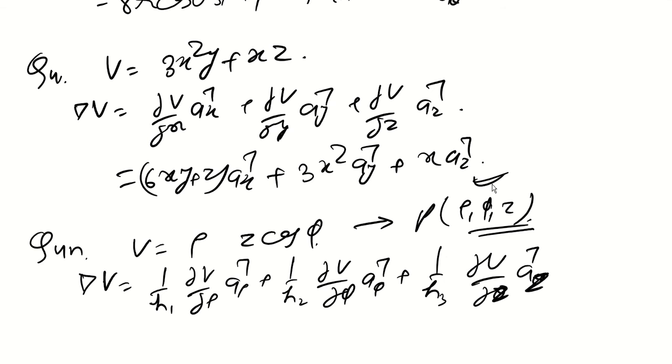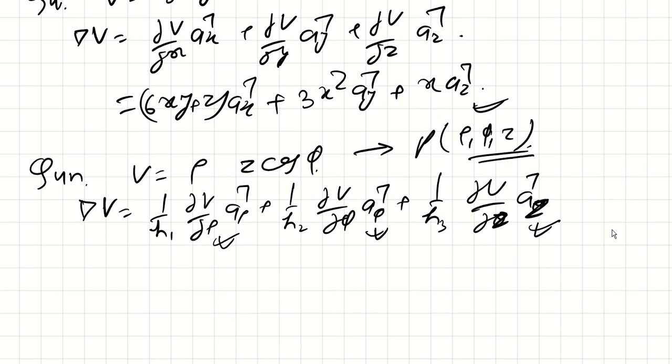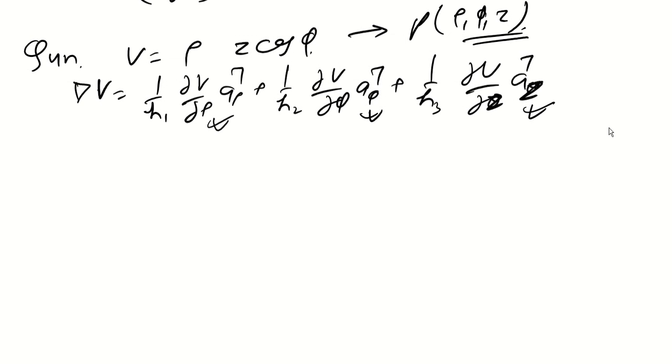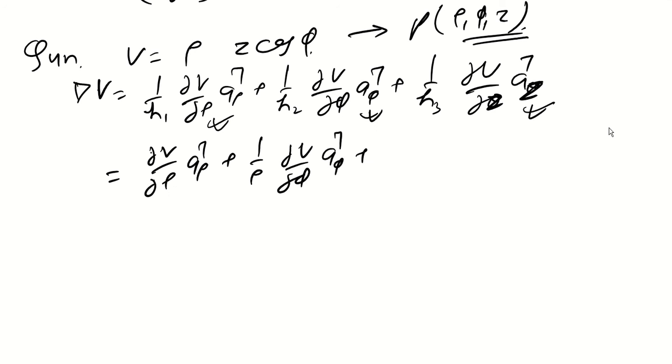That's why your unit vectors are a rho, a phi and a z. And h1, h2, h3, as I told you earlier, are 1, rho and 1. So it will become dou v by dou rho a rho plus 1 by rho dou v by dou phi a phi plus 1 by 1 only, so dou v by dou z a z.